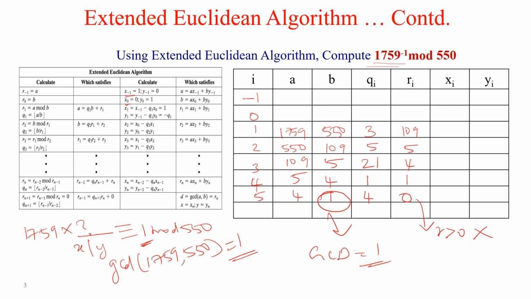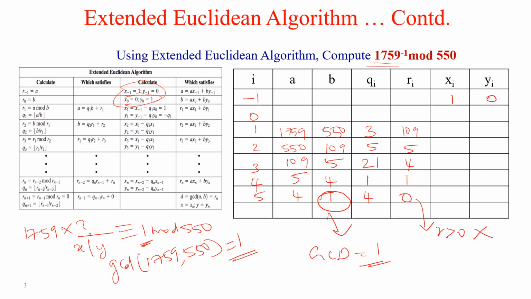Now we are going to do the extended version, that means the x and y value computation. Already we have seen the initial values for x at index -1 and index 0: 1, 0 and 0, 1. So x at index -1 is 1 and y at index -1 is 0.